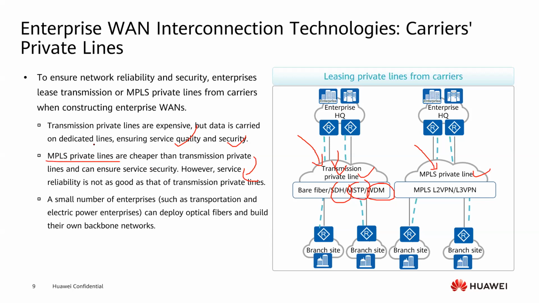The price will be cheaper than transmission, but the service quality will also be a little lower. And some enterprises trying to use a private line will build it by themselves, but not a lot. Few companies have the rights, the authority, to do that.